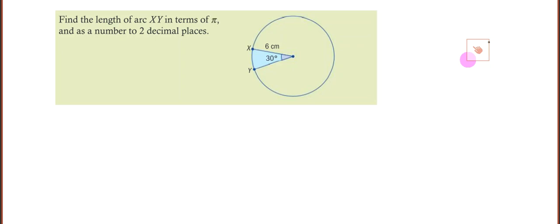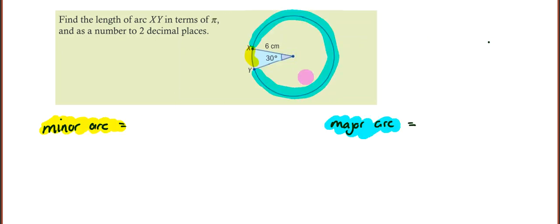Or do you want me to do it with you? Now I've sorted my pen out. Could we try? Go for it. I will pause my video. Okay, the minor arc.